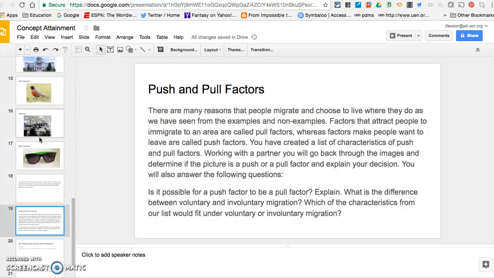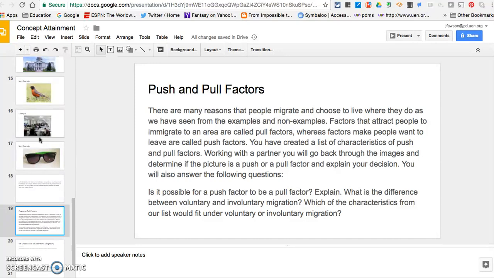And then I would explain, you've created a list of characteristics of push and pull factors. And so what you're going to do now is work with a partner and go back through the images and determine if the picture is of a push or a pull factor, and then explain why you chose that.